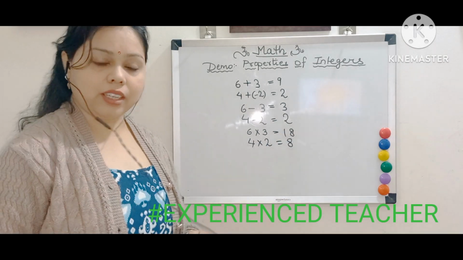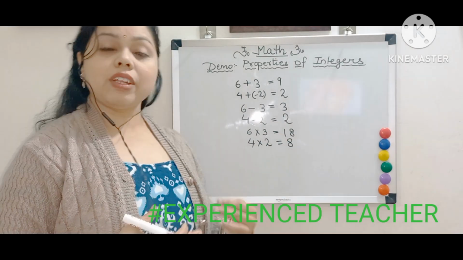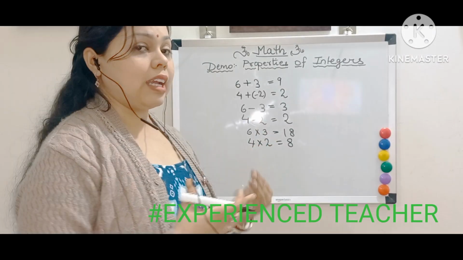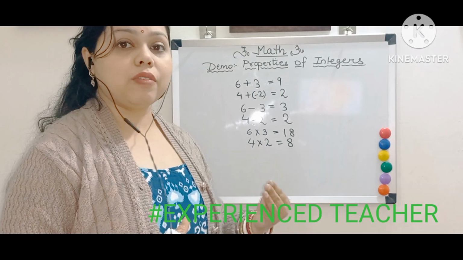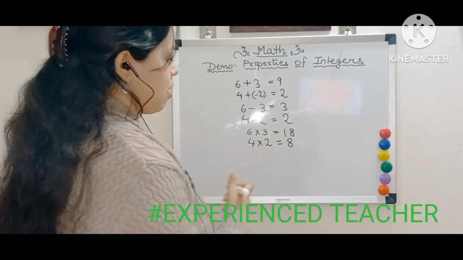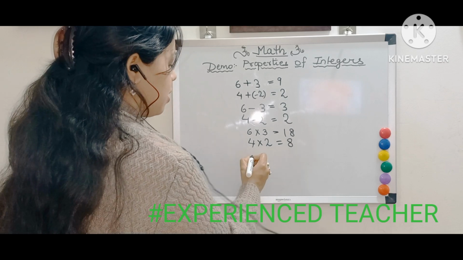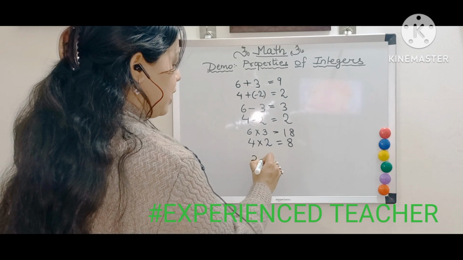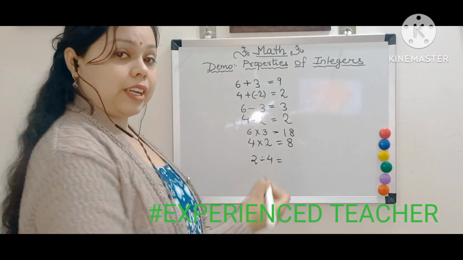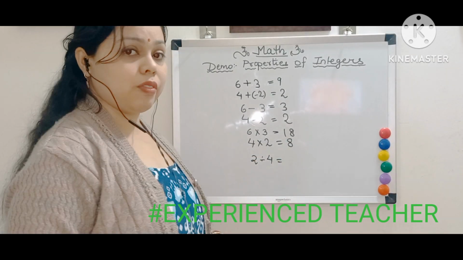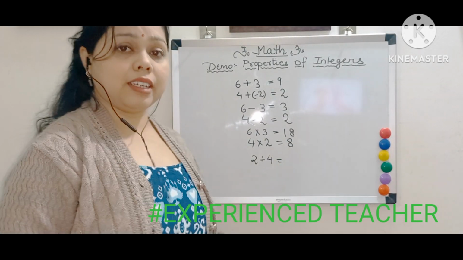8 is also an integer. Now we will check whether the integer closure property will be fulfilled in division or not. So if I divide 2 by 4, what will I get? Will I get an integer or not?